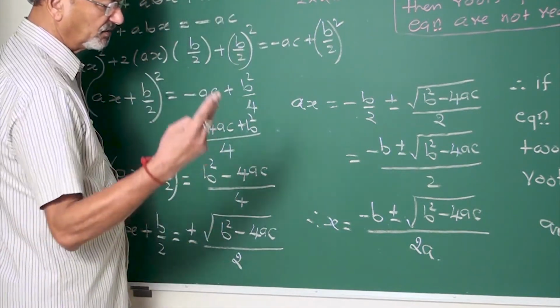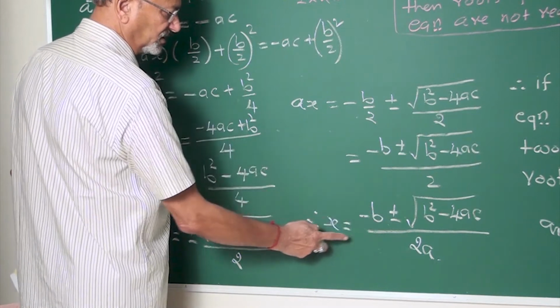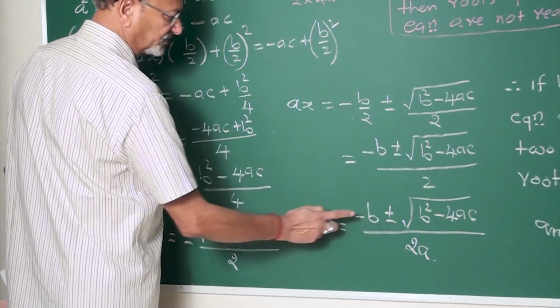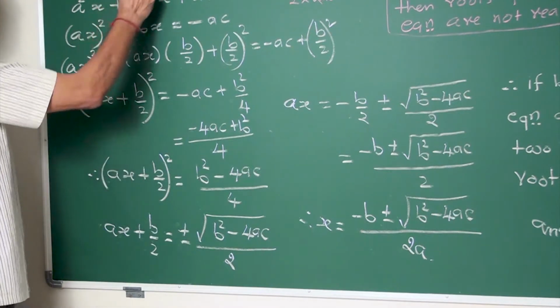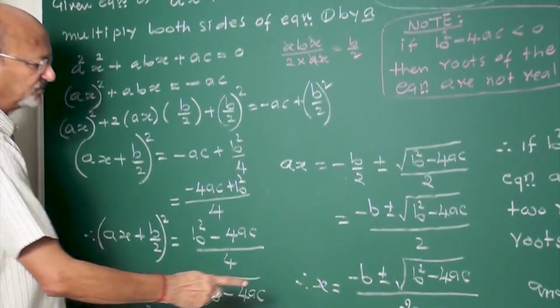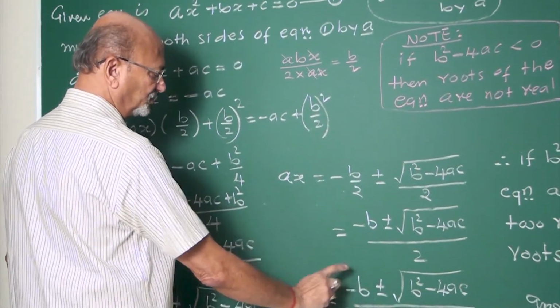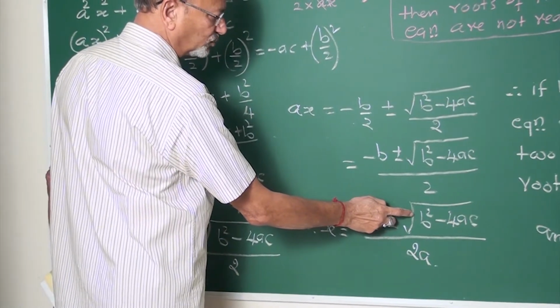Therefore, my friends, you have 2 values of X. One value of X is with plus, another value of X is with minus. These 2 values of X give the roots of the given quadratic equation. But it should be real.